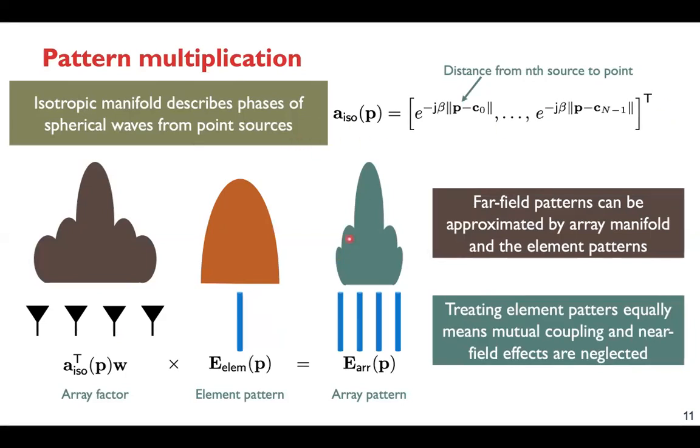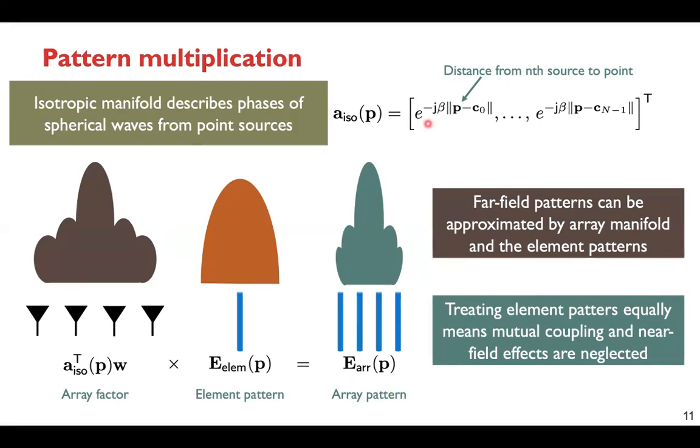And to obtain the array pattern, we could apply the principle of pattern multiplication as long as each of those antennas have the same pattern here, right? So if we assume that each of these antennas have the same pattern and they don't affect each other, then we could use pattern multiplication to multiply the array factor, right? That's essentially the gain pattern observed from the steering vector and the excitation times the element pattern of a particular element to observe the overall array pattern.